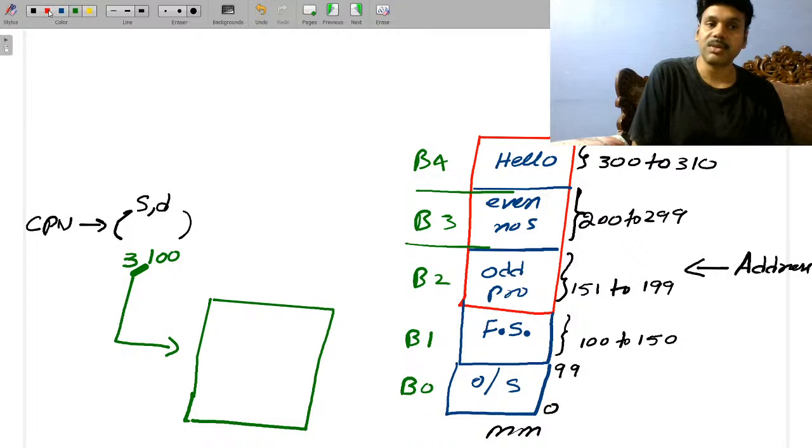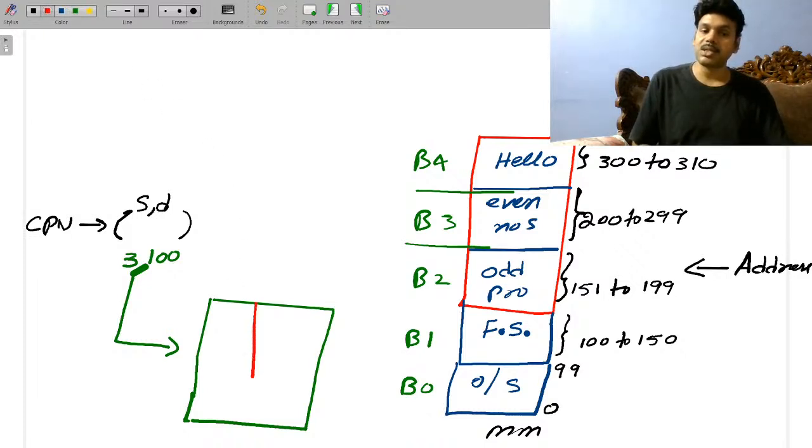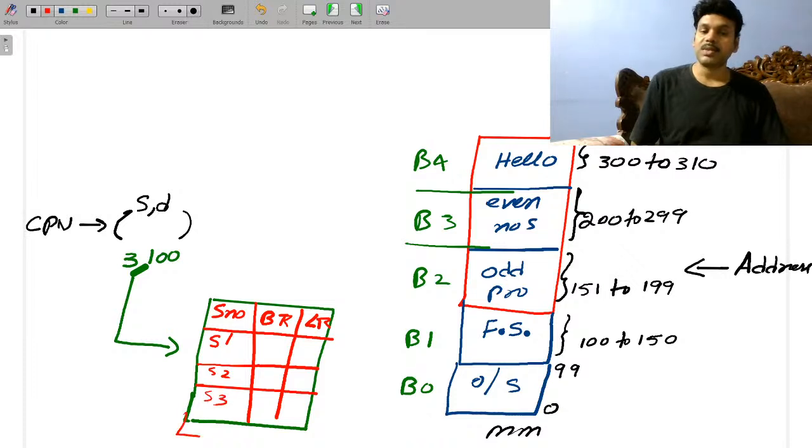Now please observe, your segment table consists of 2 parts. One part is the segment number, the other part is a base value, and the other part is a length or a limit value. Now there are 4 user segments: segment 1, segment 2, segment 3, segment 4. This is your segment map table.